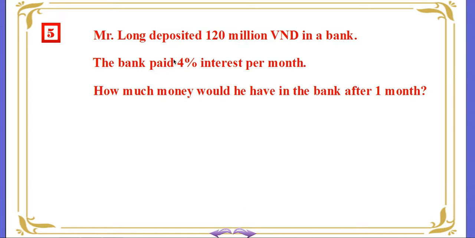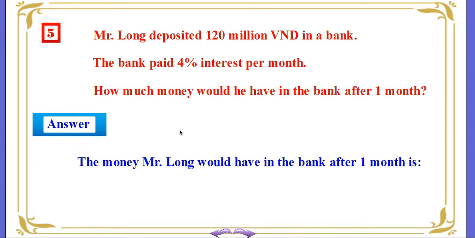Note that this is the interest rate for 1 month. If you are given a 1 year interest rate, you have to calculate the interest for 1 month before calculating the interest. After 1 month, the money he has includes the deposit amount and the interest amount.